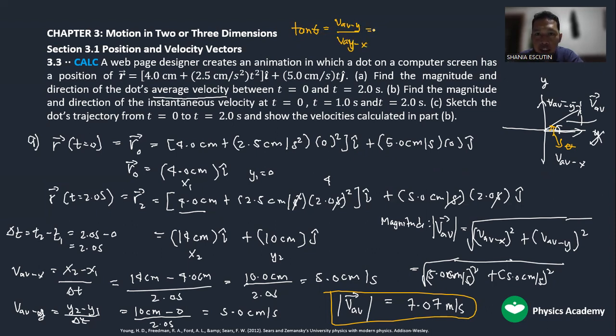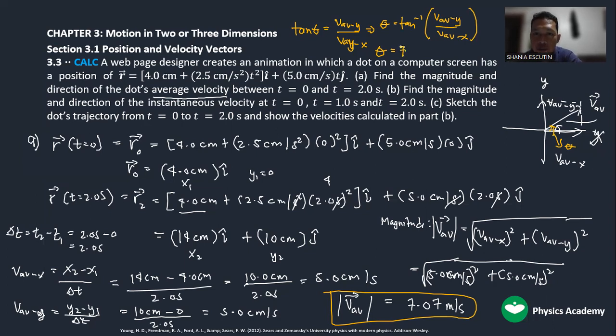This implies that theta is equal to the tangent inverse of v average along y over v average along x. So our theta is the tangent inverse of 5 over 5, or tangent inverse of 1, so we have 45 degrees.